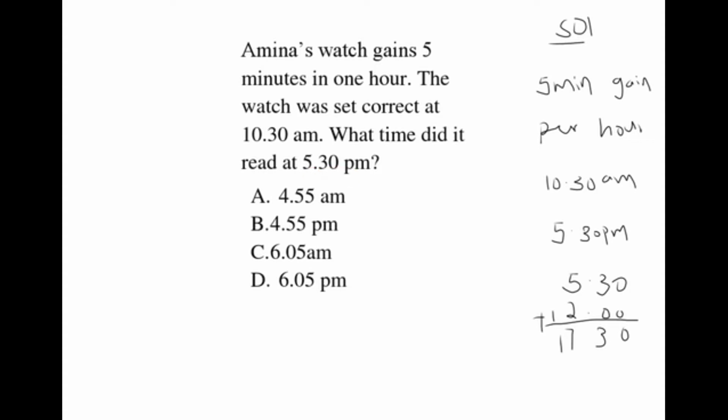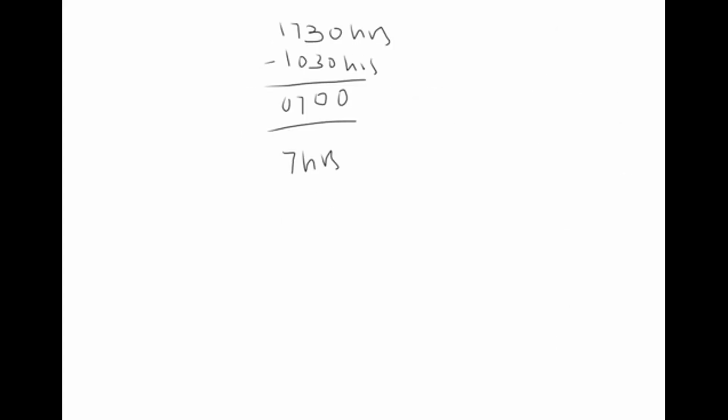Then we are told that the watch gains 5 minutes in 1 hour. Therefore, take these 7 hours multiplied by 5 to get to know the number of minutes the watch will gain. Therefore, we shall have 7 times 5. It will give us 35 minutes.